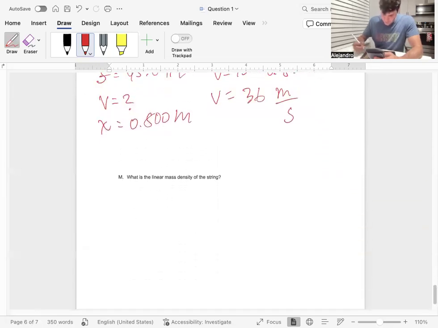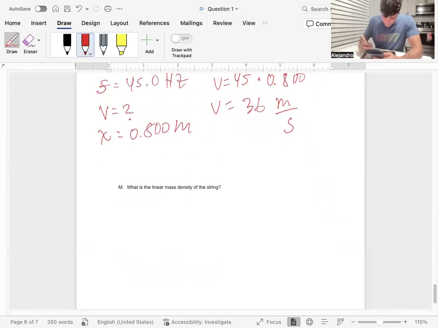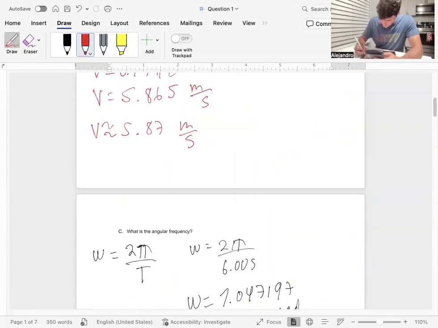And finally, M. What is the linear mass density of the string? Okay, we need to find the linear mass density. There is a relationship. We did it before.